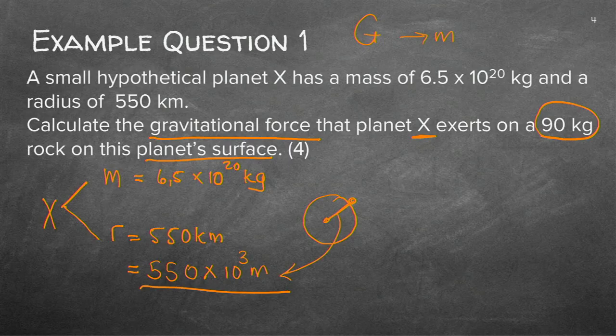So make sure that you draw a diagram so that you can actually apply the knowledge. Let's write down the equation. F on this planet equals G m1 m2 over the radius squared.